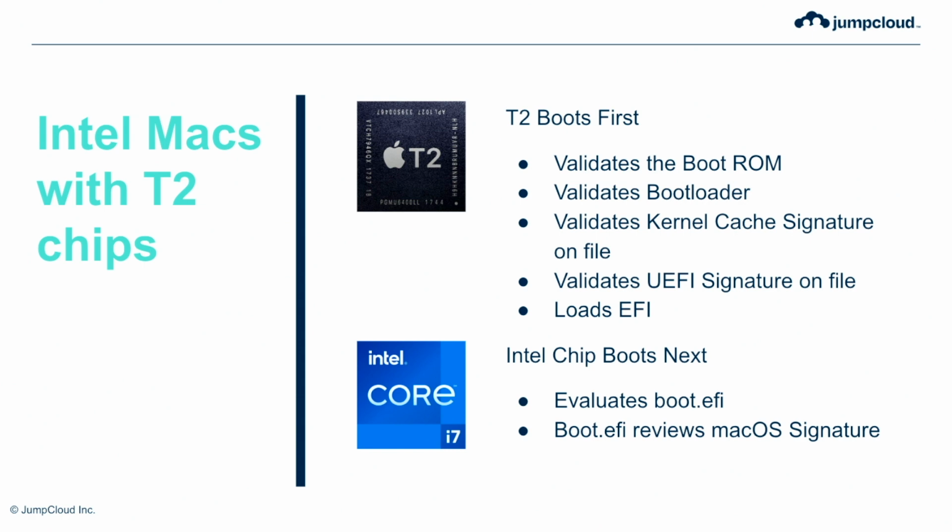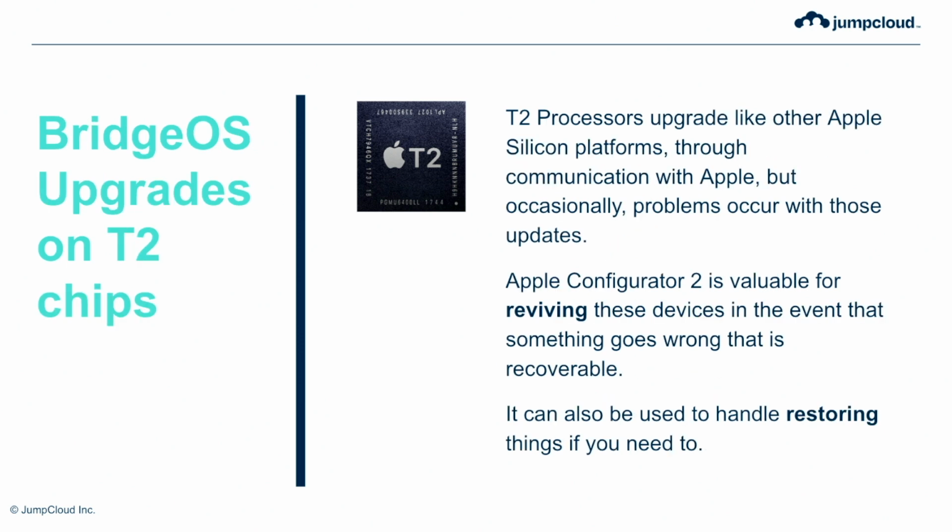And so this is also the state where Apple Configurator 2 comes in handy, because every once in a while, you get into a state where something went wrong during a Bridge OS update. And this is what Revive fixes. Revive covers here. And then everything else is delivered south of that in the Intel Core chip.